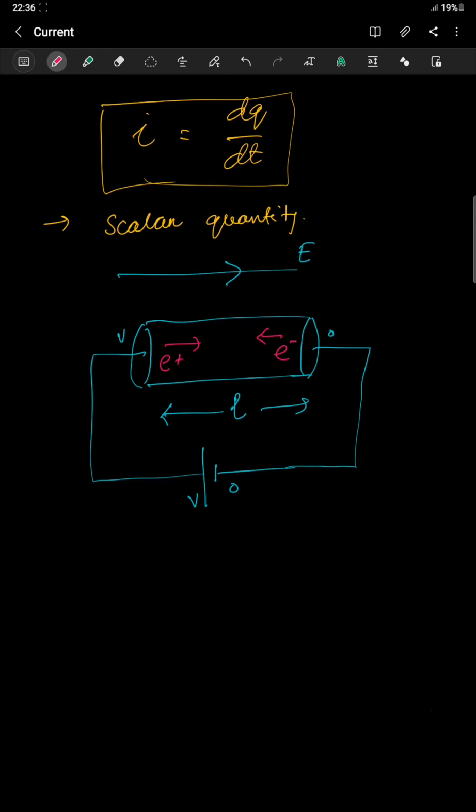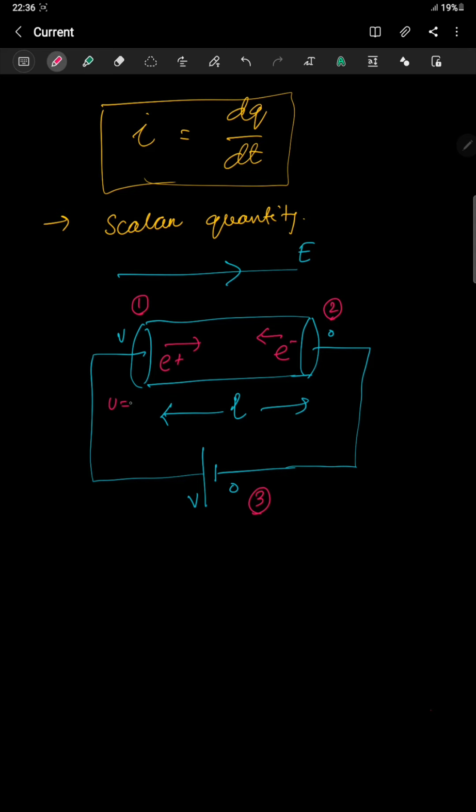Now what happens, once we apply a potential difference to a conductor, I will have three different positions. Let me take this as position 1, position 2, and this is position 3. Now since this side the potential is V, what will be the energy here?